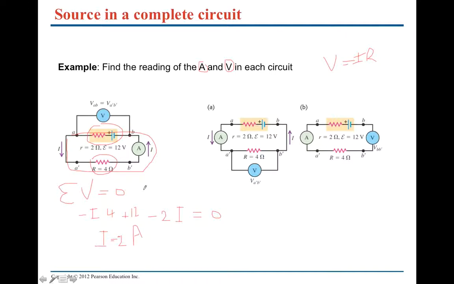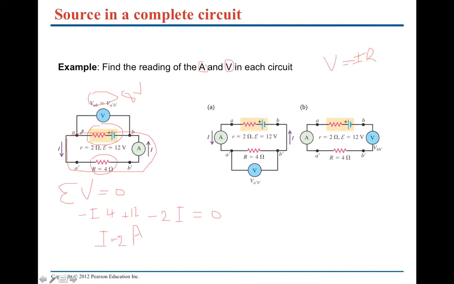Now if I wanted to calculate the voltage drop across this point, all I have to do is simply 12 minus 2 times I, which is 2 times 2, which is 4. So 12 minus 4 is 8. So my voltage across here will be 8 volts.